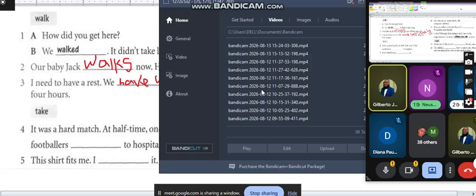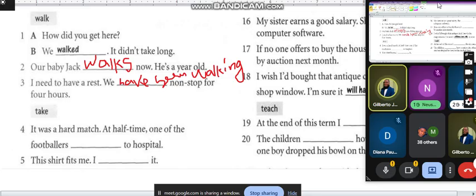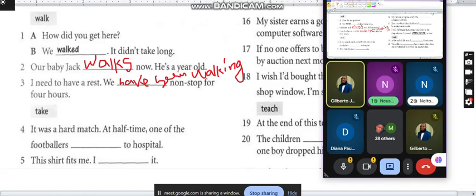Anyone else would like to share his or her ideas? Anyone?